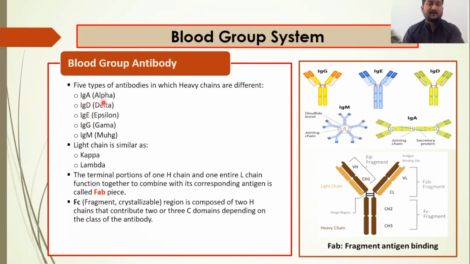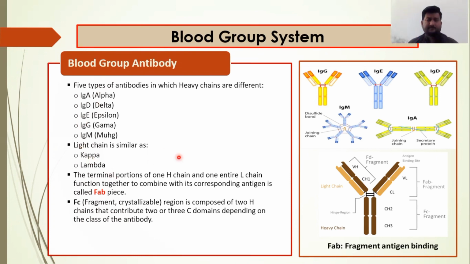Immunoglobulin A carry alpha heavy chains, IgD delta heavy chains, IgE epsilon heavy chains, IgG gamma heavy chain, and IgM mu heavy chains. But the light chain in all immunoglobulins is similar, as lambda and kappa chains are similar in all 5 types of antibodies.